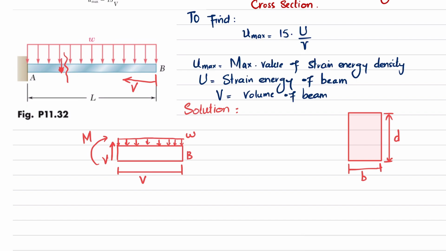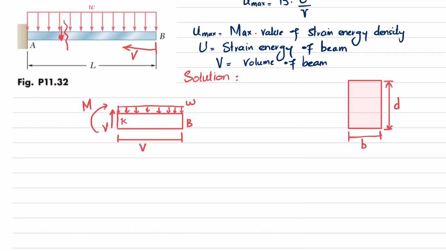This is W. Let this point be point K. So we will find the moment equation: the sum of all moments about point K is equal to 0, taking the counterclockwise moment as positive. Now the moment about point K is due to this W load, which when converted into a point load will be W into V, acting at a distance of V by 2 and creating a clockwise moment, so it will be negative.